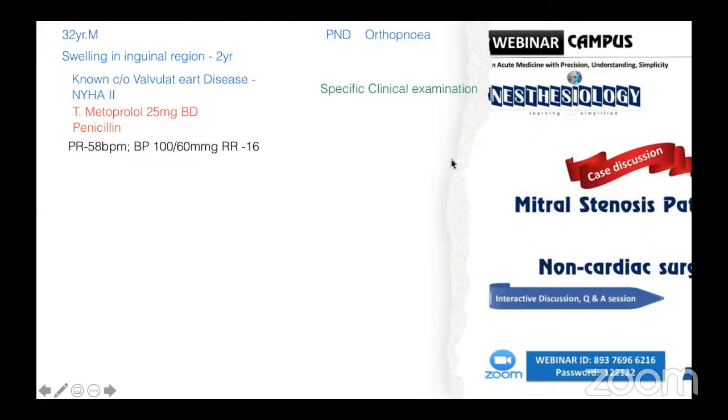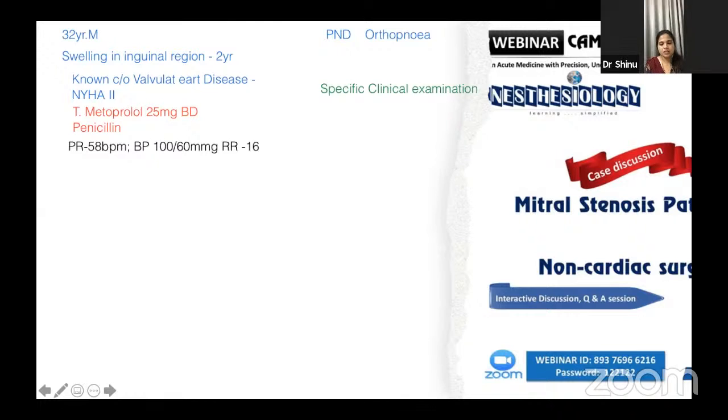So what are the Jones criteria for rheumatic heart disease? Ma'am, the Jones criteria mainly have major criteria as well as minor criteria. In the major criteria, there are 5 points: carditis, then fleeting arthritis, Sydenham's chorea, erythema marginatum, and subcutaneous nodules.